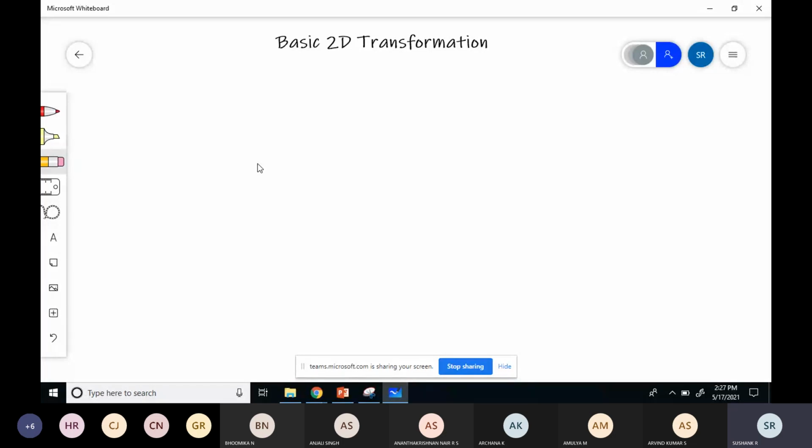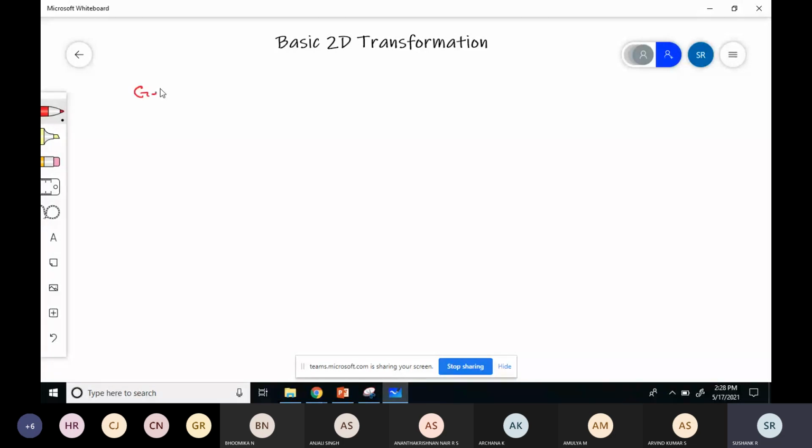So what do you mean by geometric transformation? It means operations that are performed on the objects, like changing its size, changing its position, and changing its orientation. We will call it geometric transformation.